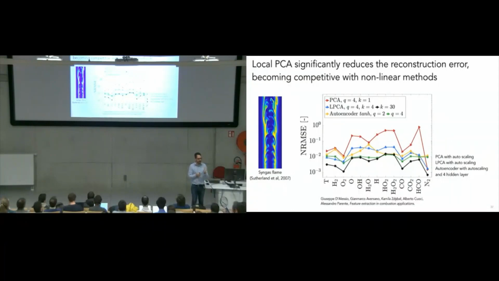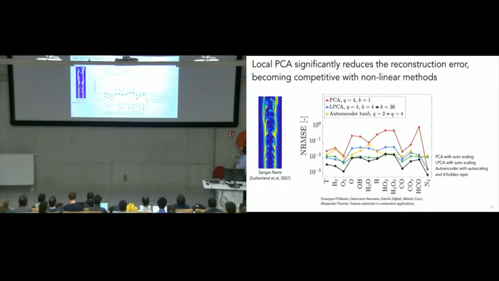I'm not saying that autoencoders, neural networks are universal function approximators. So it means that there should be a setting of the autoencoder that will give results which are better than local PCA. But the number of hyperparameters that you have to train and to optimize to get this result becomes very large. And so at a certain point, it's not even interesting to do so. This is at least what we have observed in our work.